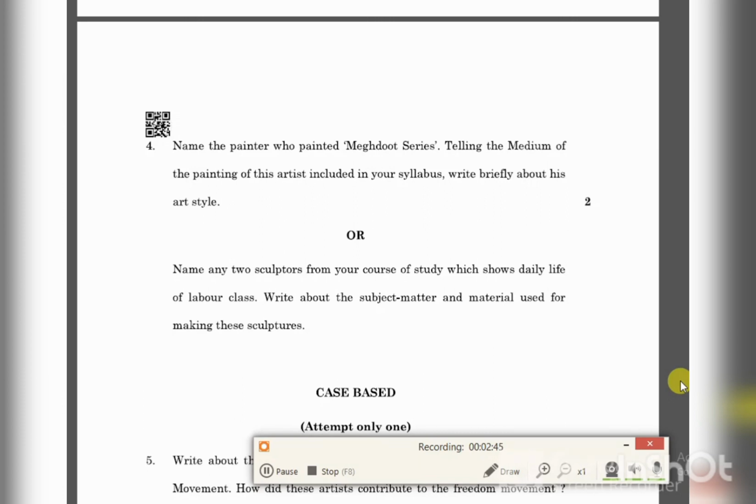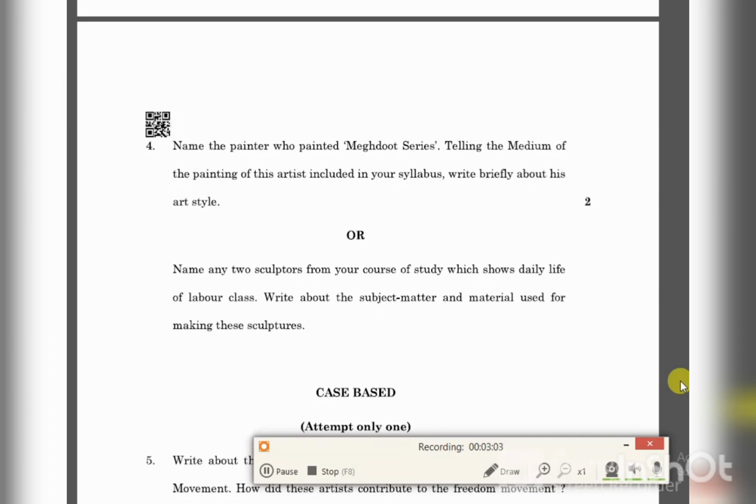And if we talk about Devi Prasad Roy, he makes paintings on various issues which show how laborers are engaged in work, and muscles of laborers are beautifully shown in his artworks.